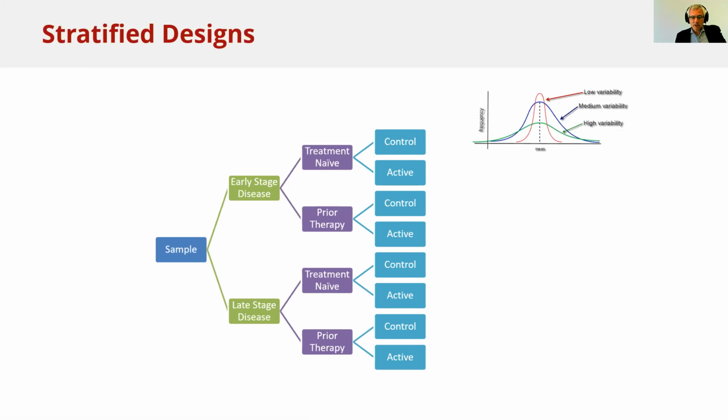So based on our learnings in earlier phase studies or from subject matter experts, we learned that the stage of the disease, early or late, and whether the patient has received prior therapy, those are characteristics that will reduce variability of the outcome. So in each of these 4 cells, variability of the outcome is lower than if we had them all combined.